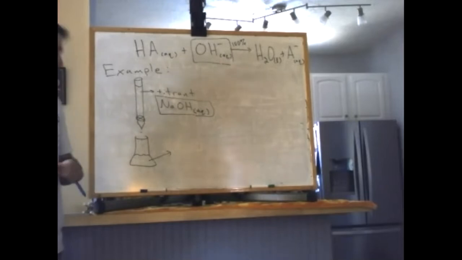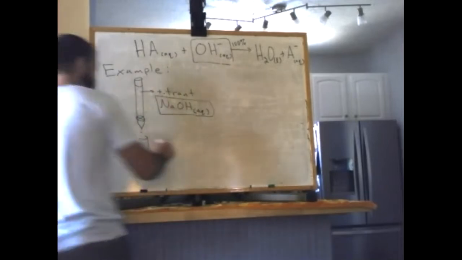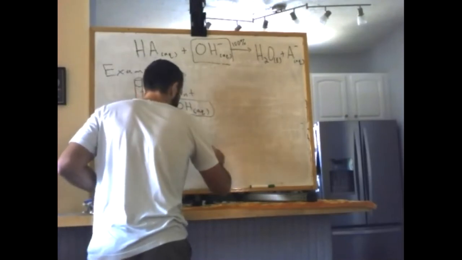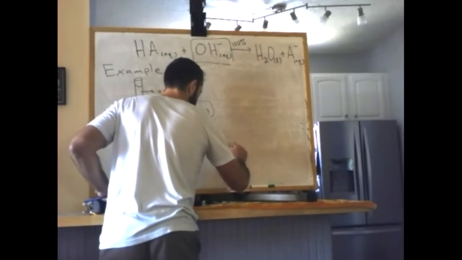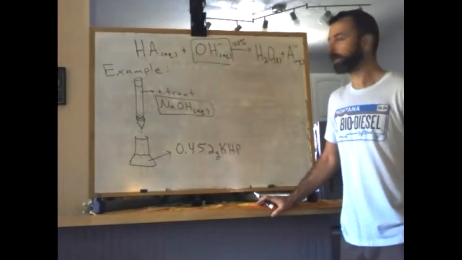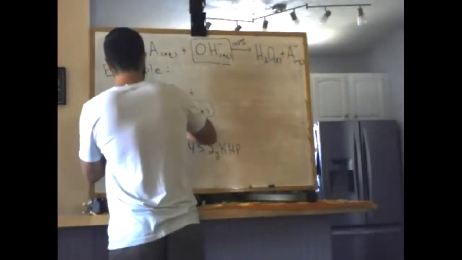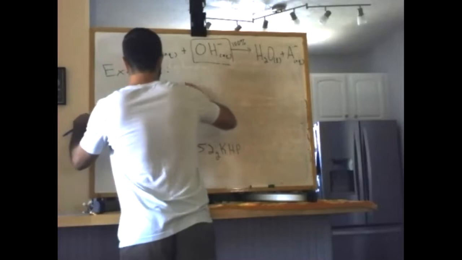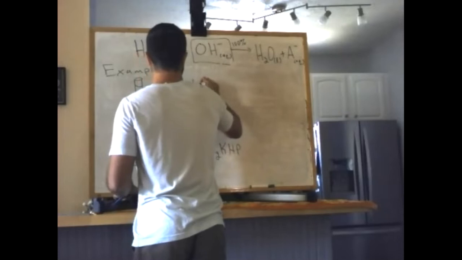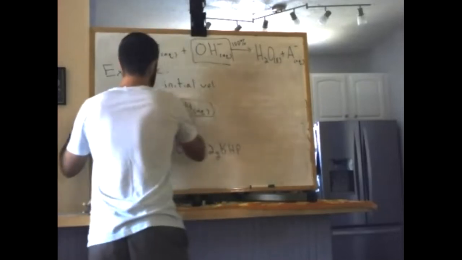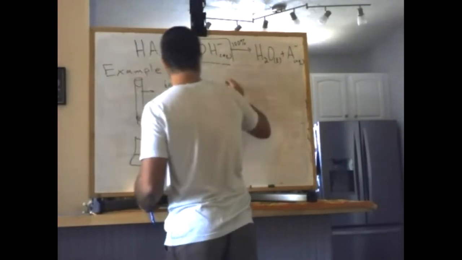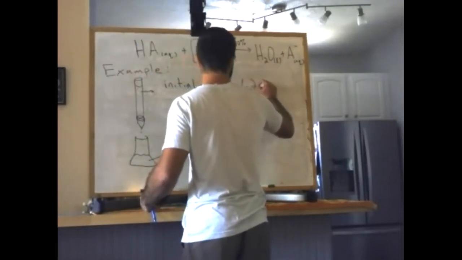Let's say we made a solution by dissolving 0.452 grams of KHP in the amount of distilled water that was required. We originally record an initial volume of NaOH, and let's say our burette started at 1.62 milliliters.